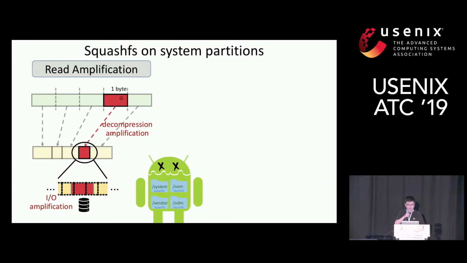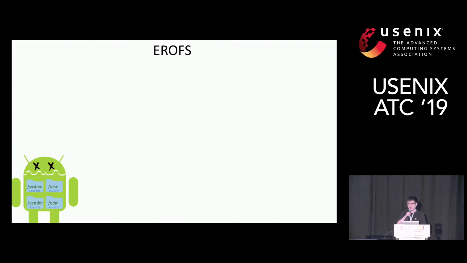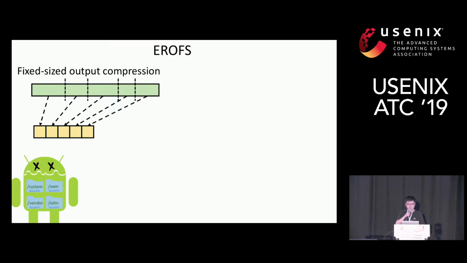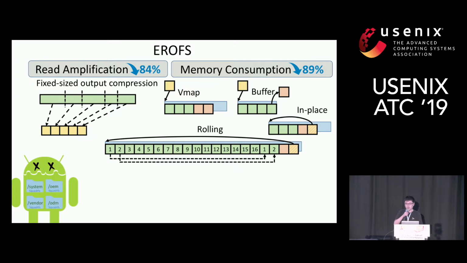The first is that it causes read amplification, and it also introduces massive memory consumption during decompression. So to solve these 2 problems, we introduced EROFS, which uses fixed-size output compression and can reduce the read amplification. We also propose 4 kinds of decompression approaches, which can reduce the memory consumption during decompression.